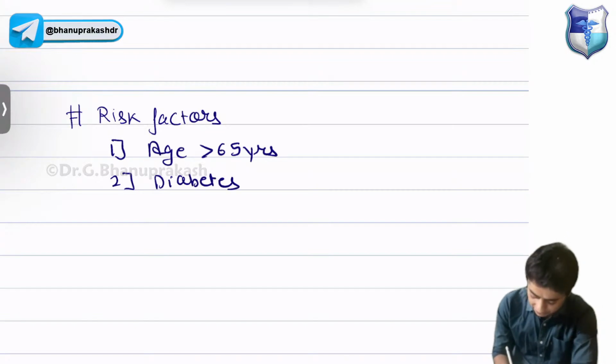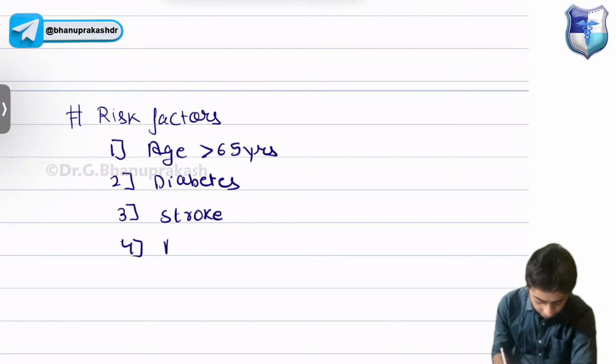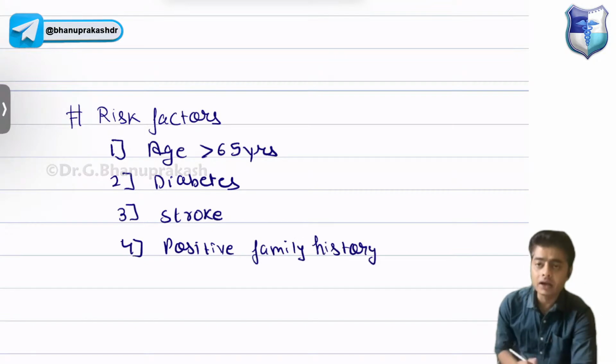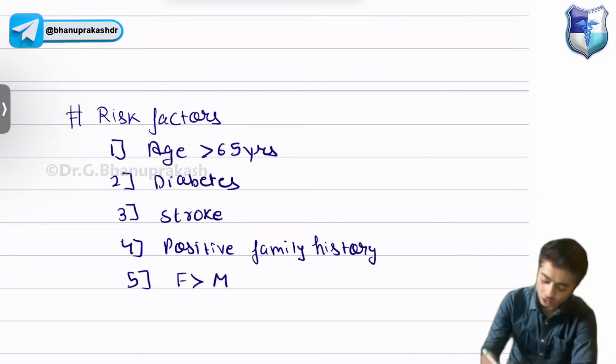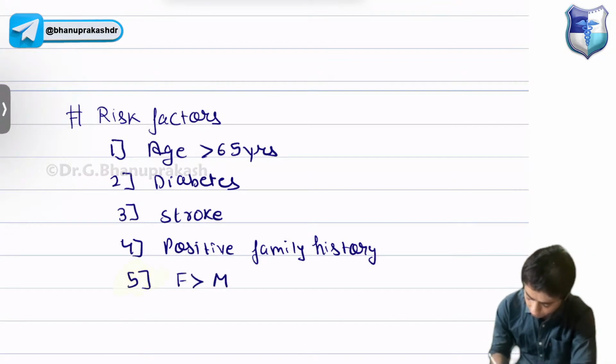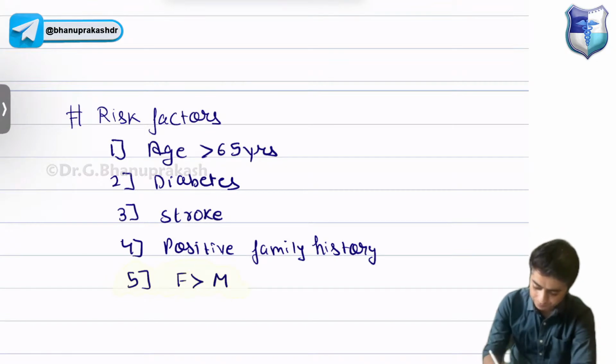Then stroke. Then a positive family history. And most important, it is more common in females as compared to males.